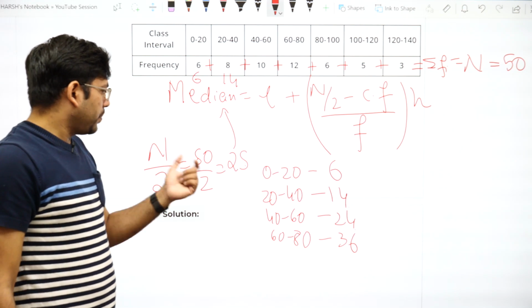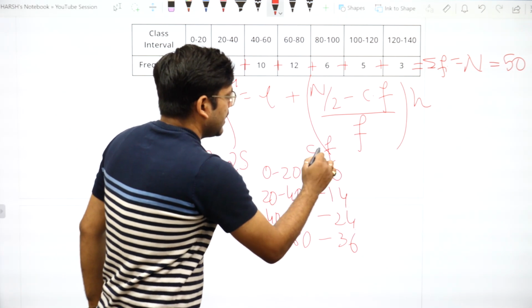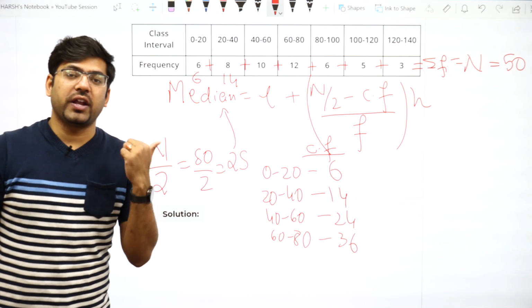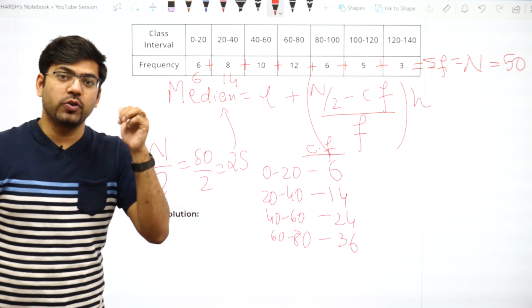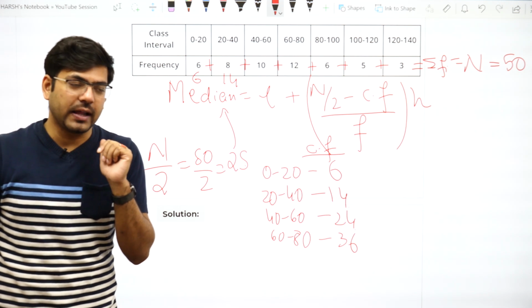Now we have got this cumulative frequency also. Before all that, there is a very important thing: you have to find a median class. Like in the mode you find a modal class, here also you have to find a median class. How will you find that?